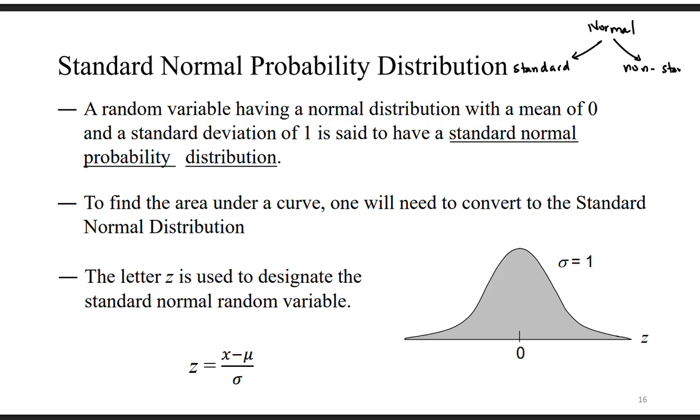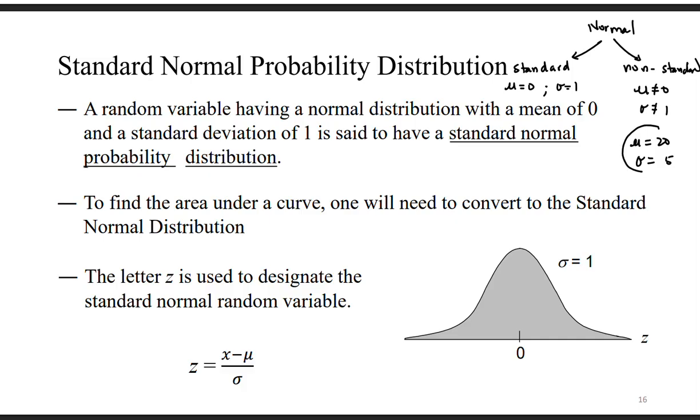This is non-standard. A standard normal distribution has a mean equal to 0 and a standard deviation equal to 1. When it is non-standard, the mean is not equal to 0, the standard deviation is not equal to 1. So let's say we have a normal distribution that has a mean of, say, 20 and a standard deviation of, say, 5.